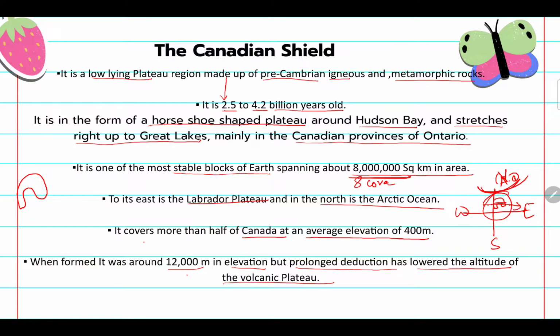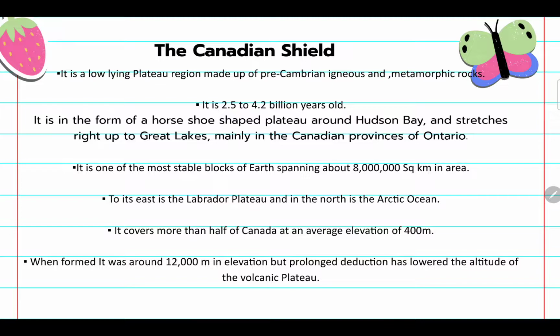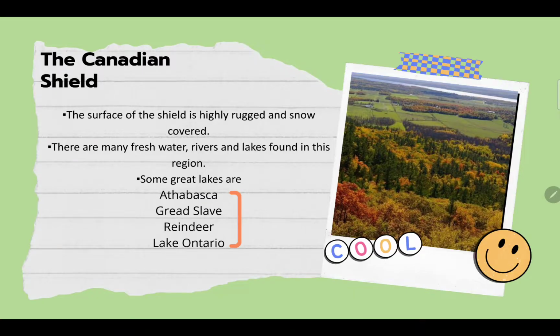Let's move further. The surface of the shield is highly rugged and snow covered. Rugged means very rough, and it is snow covered.